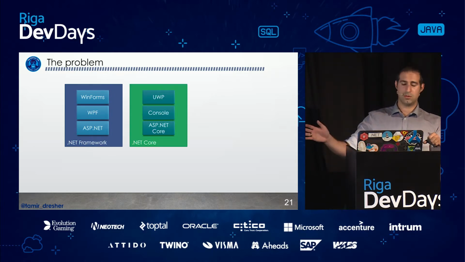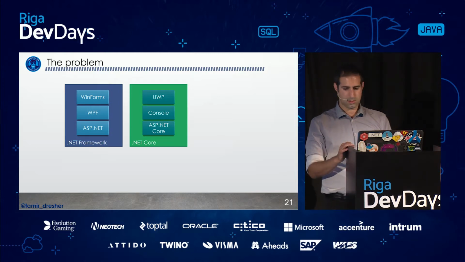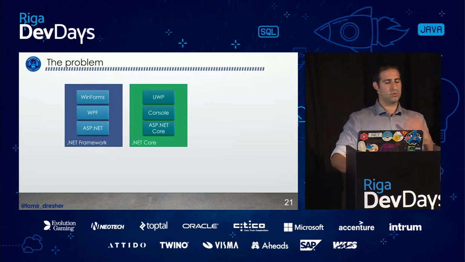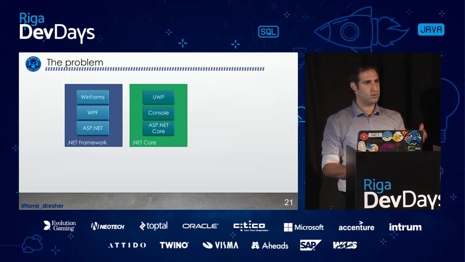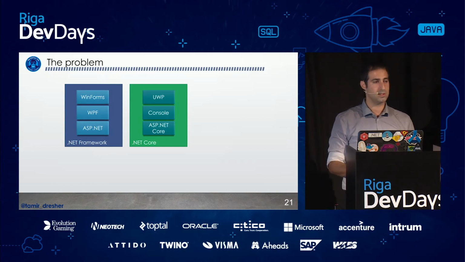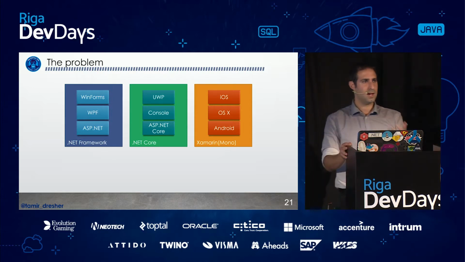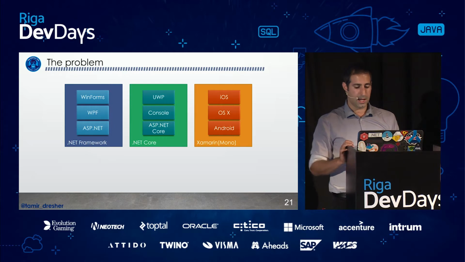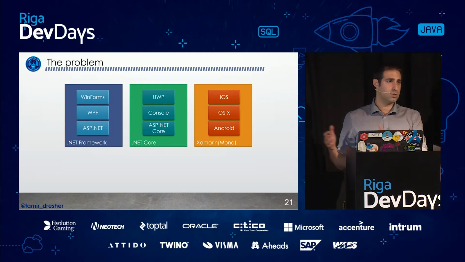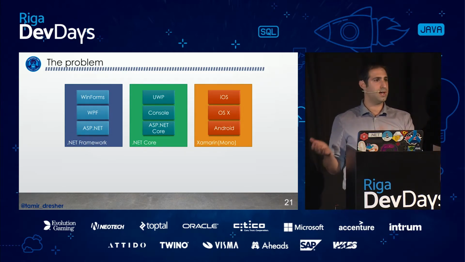You have .NET Core, which you can use to work with UWP and console applications and ASP.NET Core and so on. And you also have Xamarin, which I haven't touched, but Xamarin is using a different CLR, which is based on Mono. With Xamarin you can also create applications for iOS, OS X, and Android, and so on.